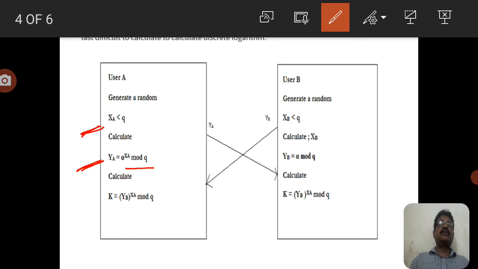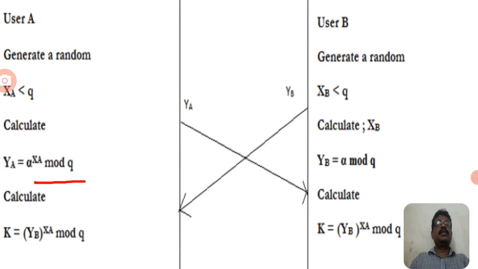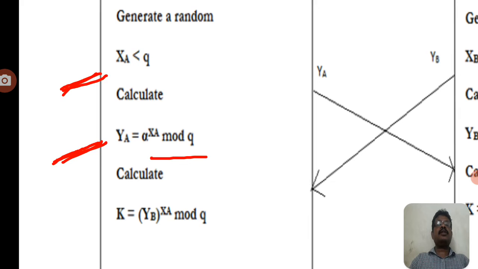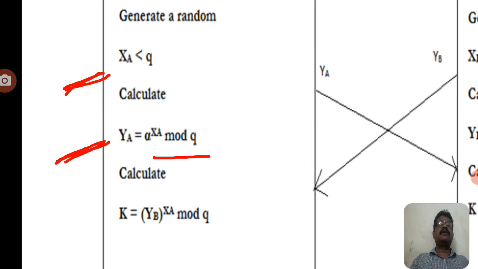He chose XA and calculated YA equals alpha power XA mod Q, and we know alpha and Q are the global public elements. XA is less than Q, and YA equals alpha power XA mod Q.